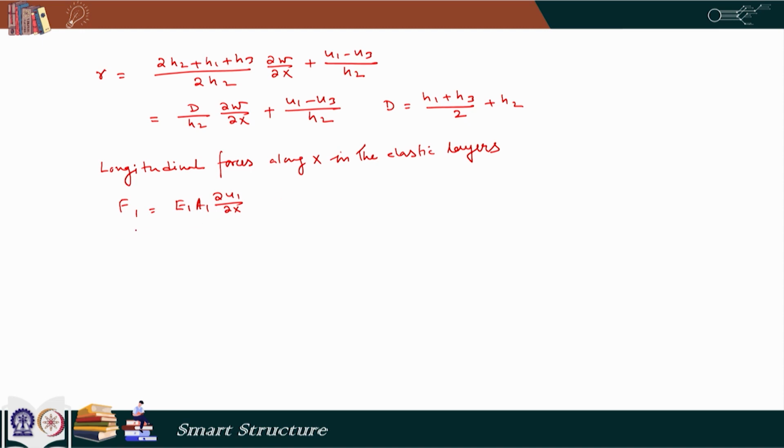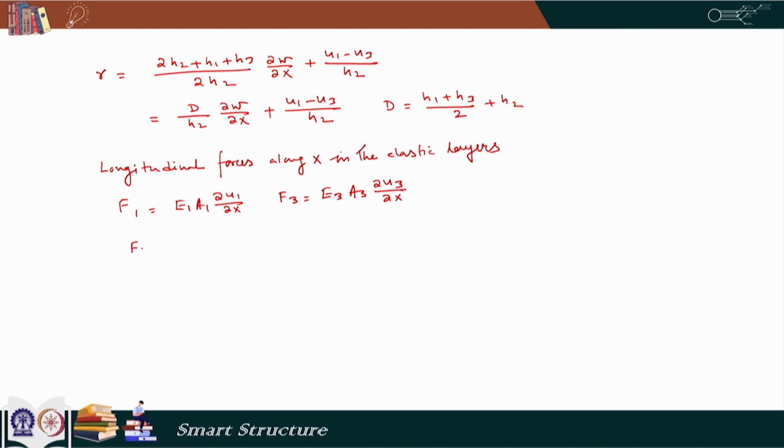And similarly, we have F3 equal to E3 A3 into del u3 by del x. Again A3 is the cross sectional area of the bottom layer. Now, we know that there is no externally applied normal force.